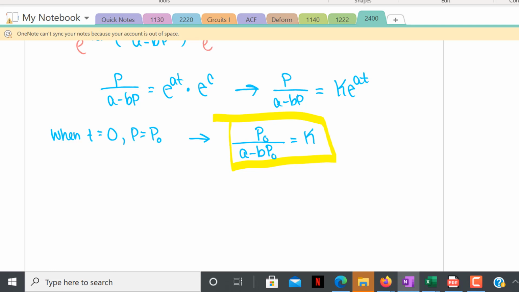So I'll think of that k e to the at as being over 1 and cross multiply. So I do p times 1, which is just p, equals k e to the at times that denominator. And then distribute.